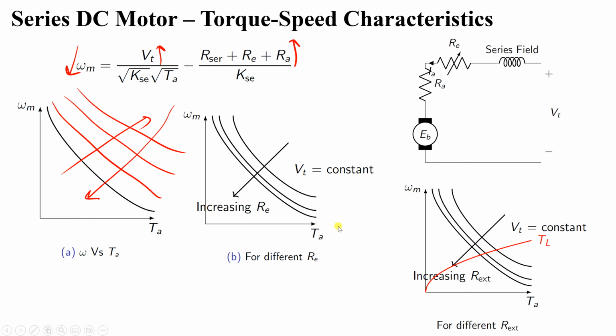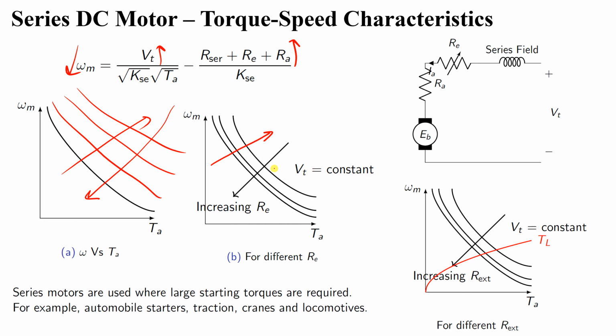Okay, they are the same curve, but the difference is what? That if I would like to know again the operating point, simply we intersect the torque of our load with the characteristics. So this is our operating point, or this or this. Now, of course, by increasing V terminal, the characteristics will go up.